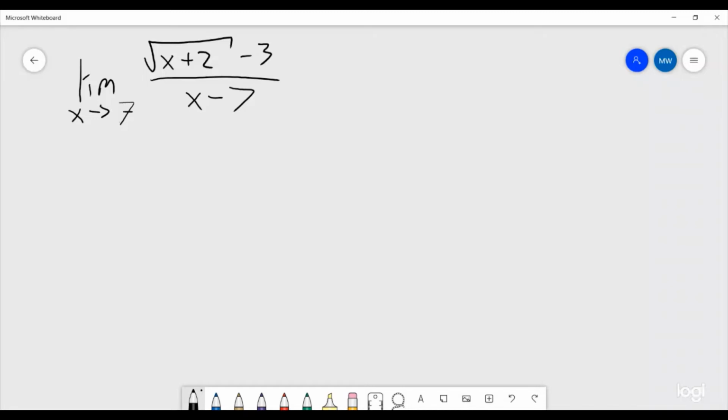Now, because we are dealing with this as x approaches 7, on the denominator, it's going to be a 0, which is why we can't evaluate this at the point.